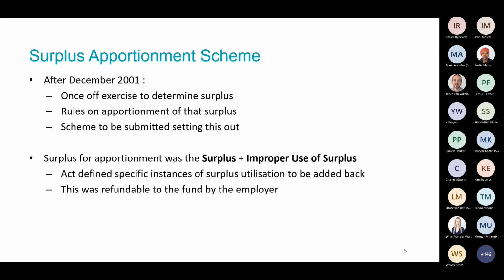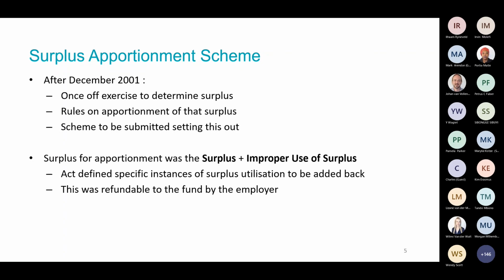Now, the surplus at the time was the normal surplus that is noted in the valuation report at the surplus apportionment date, including the improper use of surplus. Improper use of surplus is when the fund investigates how historically the surplus had been utilized by the fund.